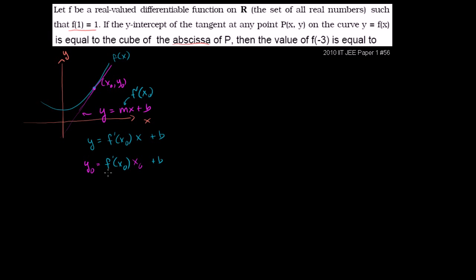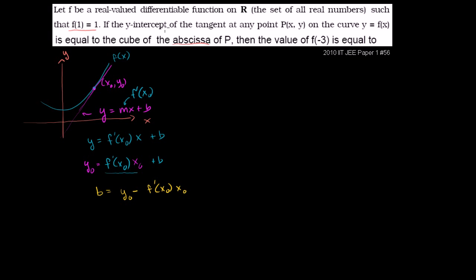If you solve for b, you just subtract this from both sides of the equation. We get b is equal to y naught minus f prime of x naught times x naught. Now that's the y-intercept of the tangent.